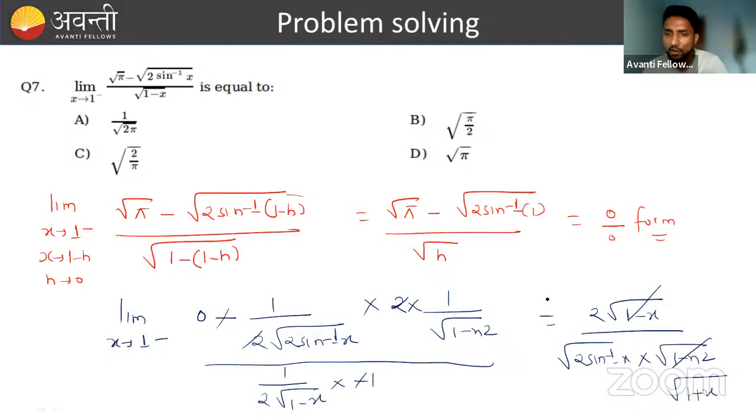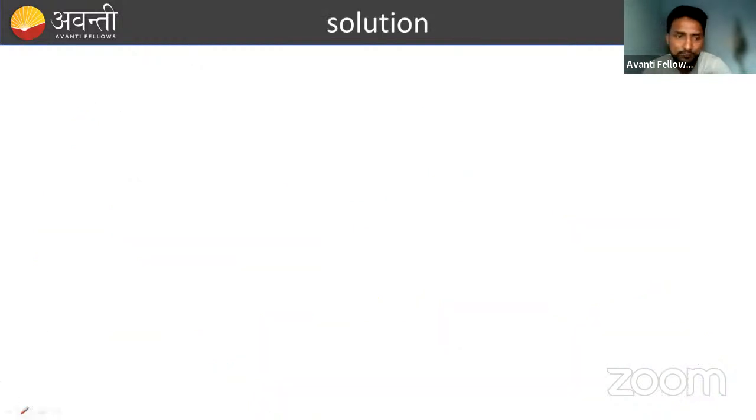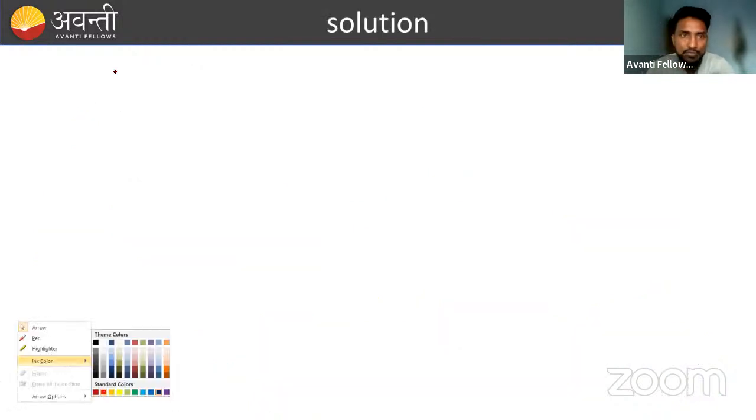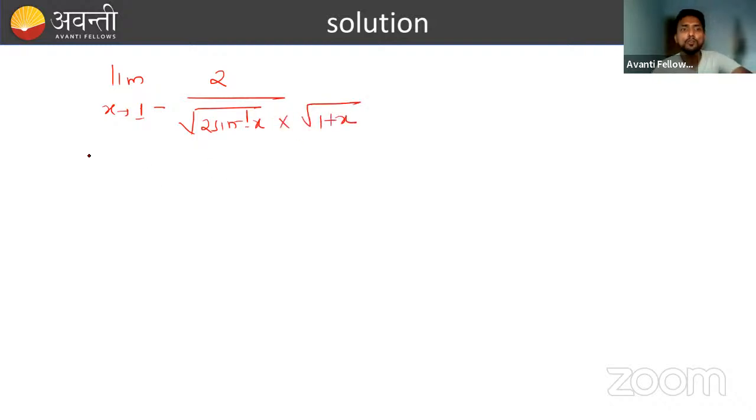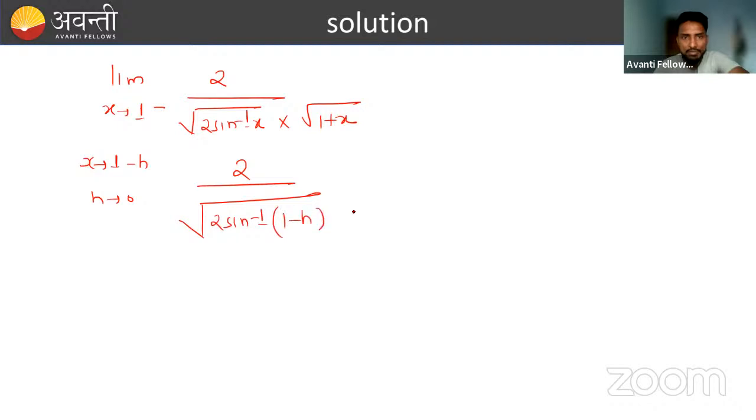So after solving all this, what we have got is limit x tending to 1 minus of 2 divided by root 2 sine inverse x, and then root 1 plus x. Now put x as 1 minus h, so it will be root 2 sine inverse of 1 minus h, and 1 plus 1 minus h.